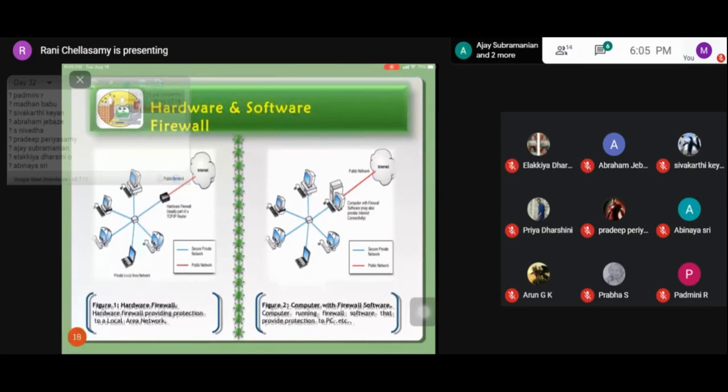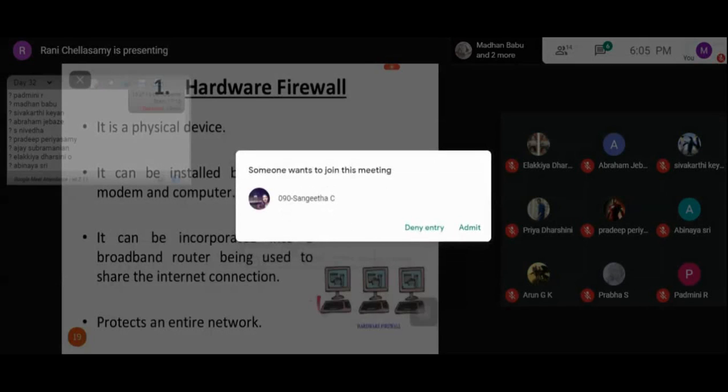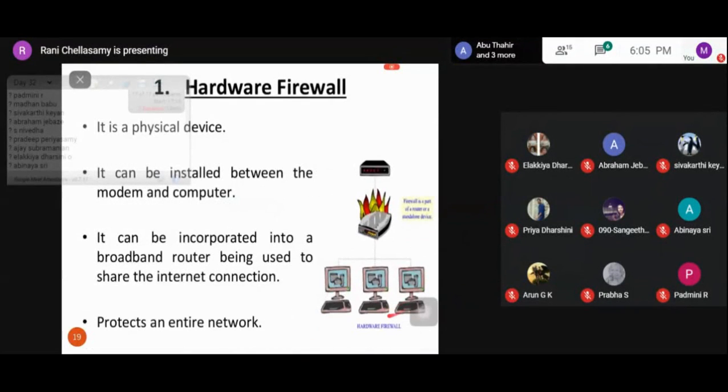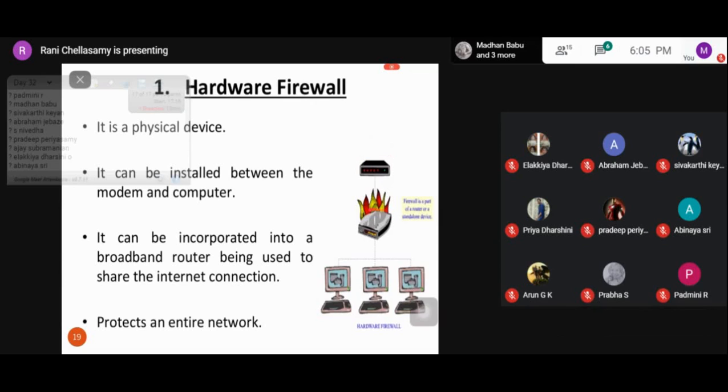So what is meant by a hardware firewall? It is a physical device. In this picture you can see the machines connected locally, that is, the local area network, and this is your modem, and this is the router which connects the modem and the PCs.